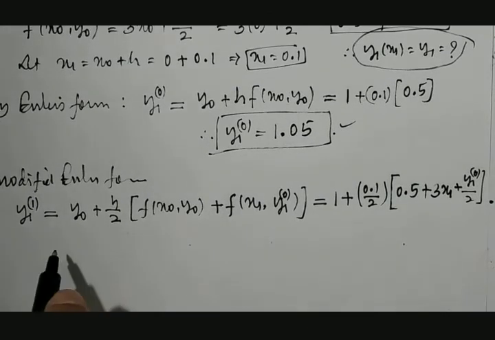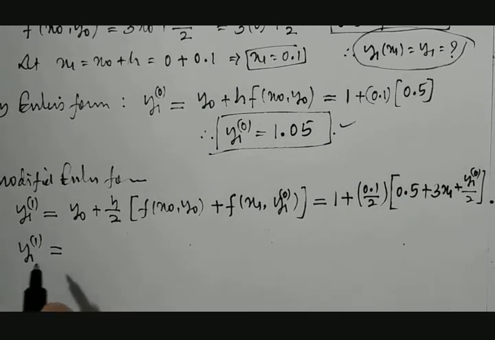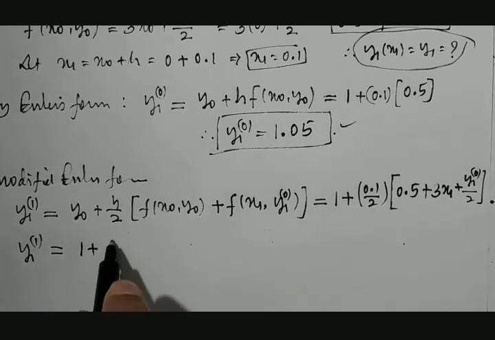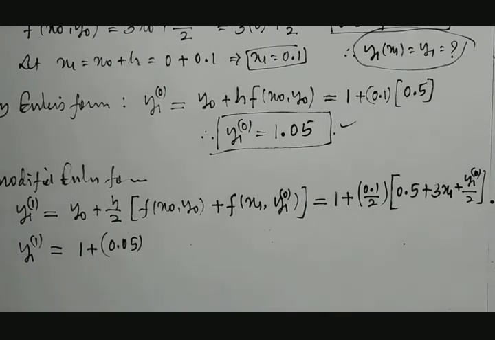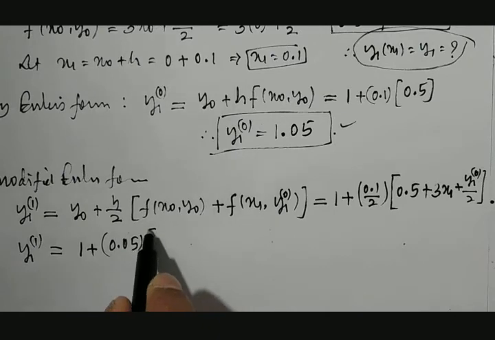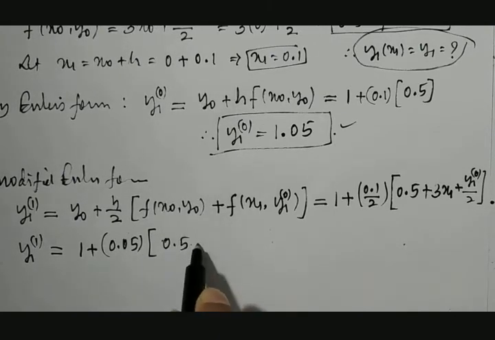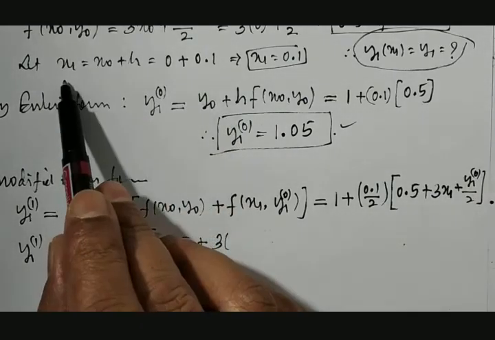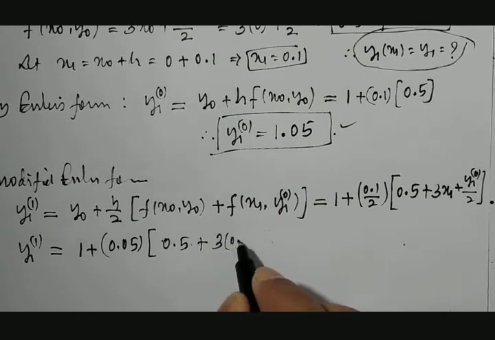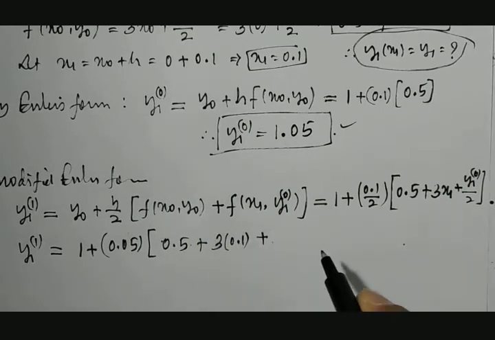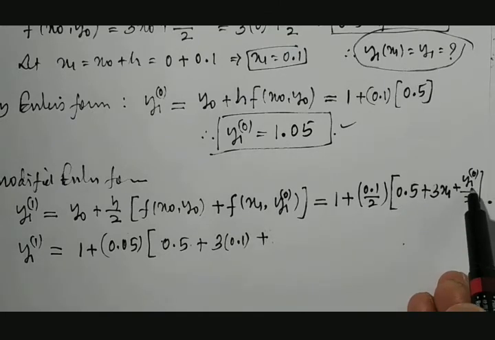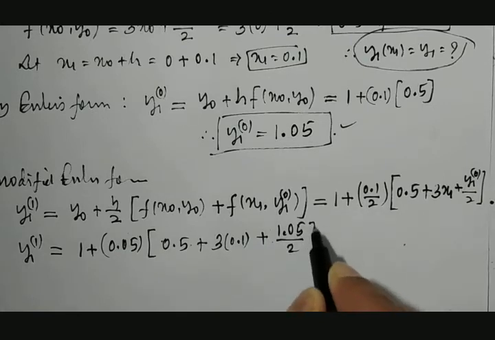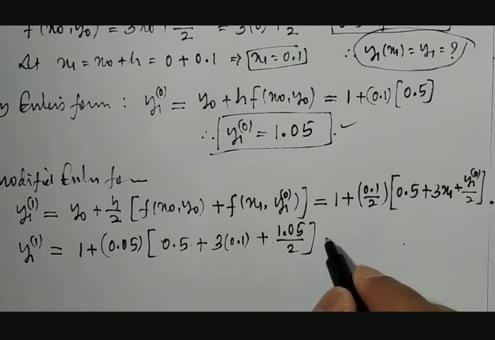Substituting the values, the first approximation to y1 is equal to 1 plus 0.1 divided by 2, that is 0.05, into 0.5 plus 3 into x1, where x1 is equal to 0.1, plus the initial value of y1, which is 1.05, divided by 2.